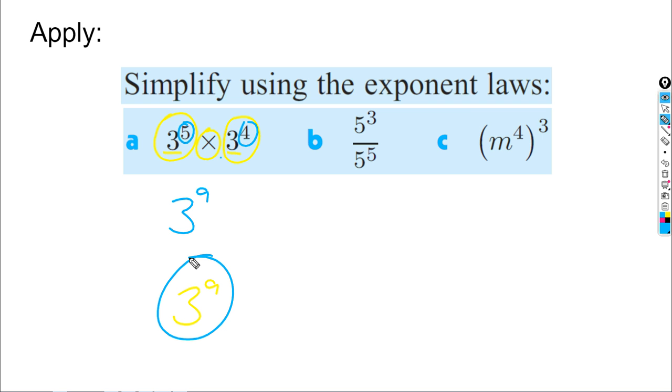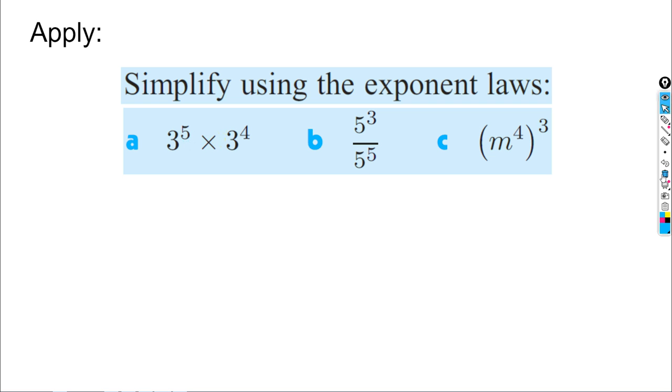Now if you ever forget the rule, you can always do it the long way like we started with. Just write out 5 3's for this first power and 4 3's for our next power, and then count how many 3's we have getting multiplied, and that's what exponents do. They just count up how many of our bases are being multiplied. But if you know the rules, it makes it a little bit shorter.